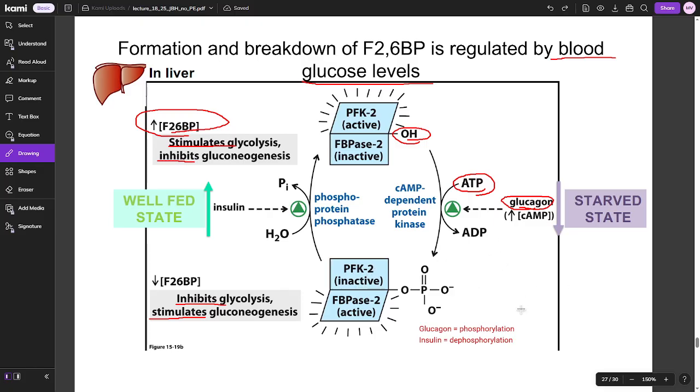On the other hand, insulin is a dephosphorylator. We're starting at this position, and insulin suggests that the body has a lot of glucose and it needs to start storing. In that case, insulin would dephosphorylate this, get rid of the phosphate.